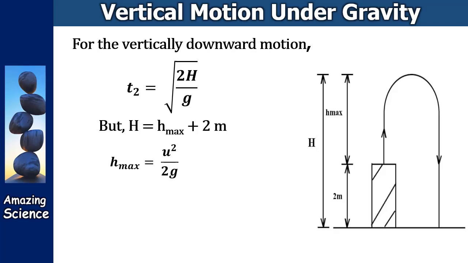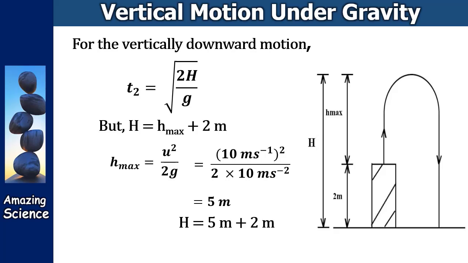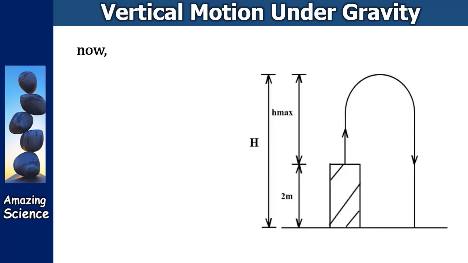So let's substitute the values. We are going to get 10 meters per second all squared divided by 2 times 10 meters per second squared. And when this is computed, we are going to get 5 meters. So the total height from the ground to the maximum height is 5 meters plus 2 meters, giving us 7 meters. So with this, we can find our second time, the T2.